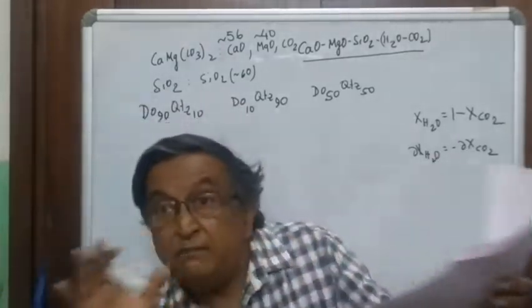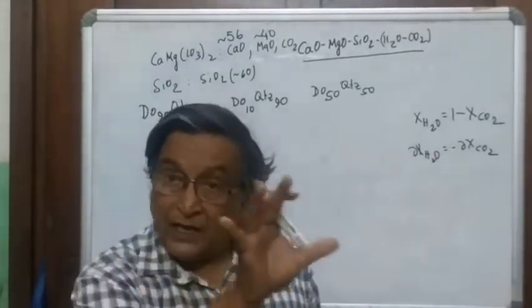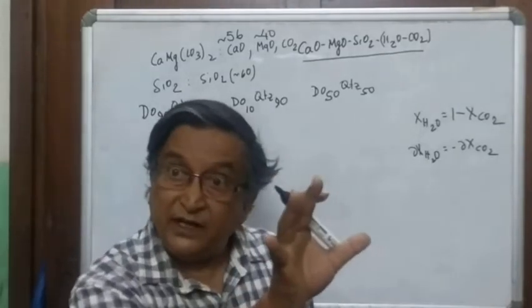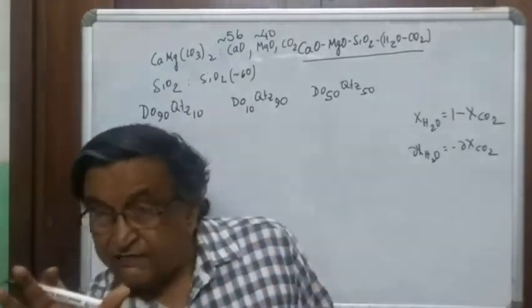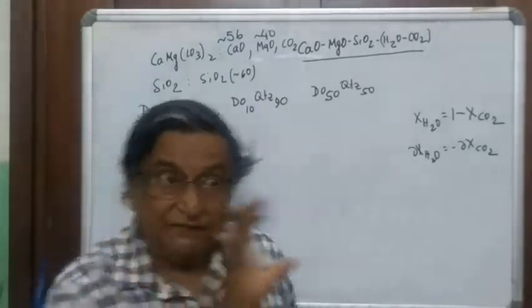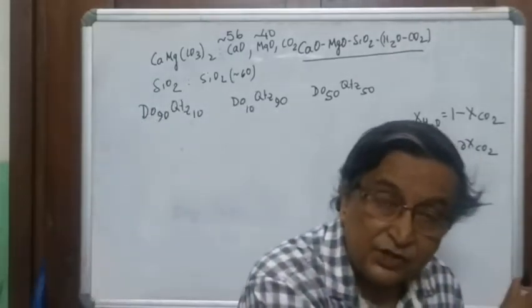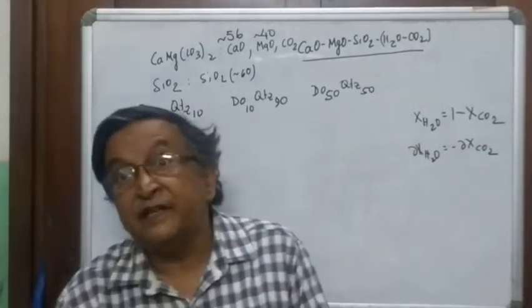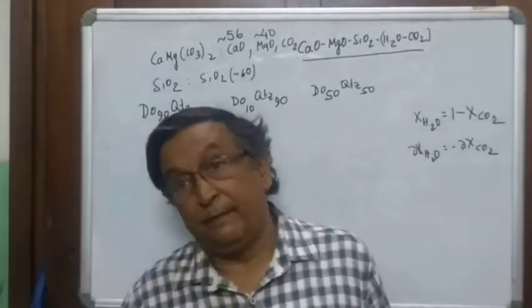These are two independent variables. The bulk composition is one variable here we are talking about, and the other variable is not a thermodynamic variable. What I'm trying to tell you is that the bulk rock composition is one aspect, and the fluid composition is another.